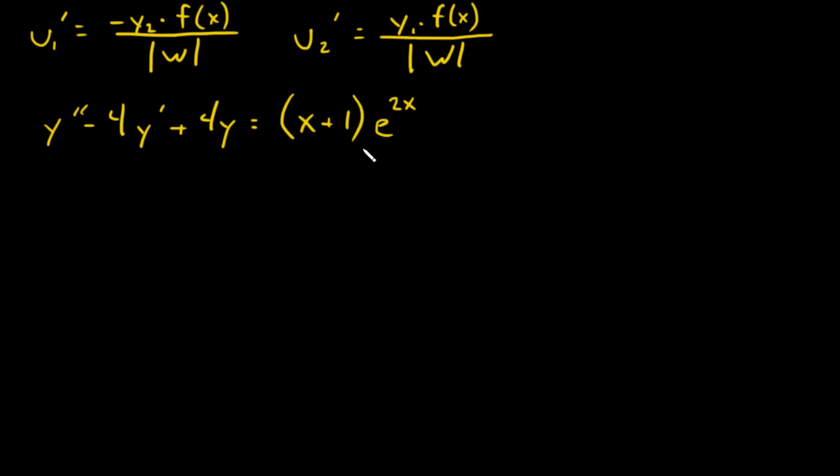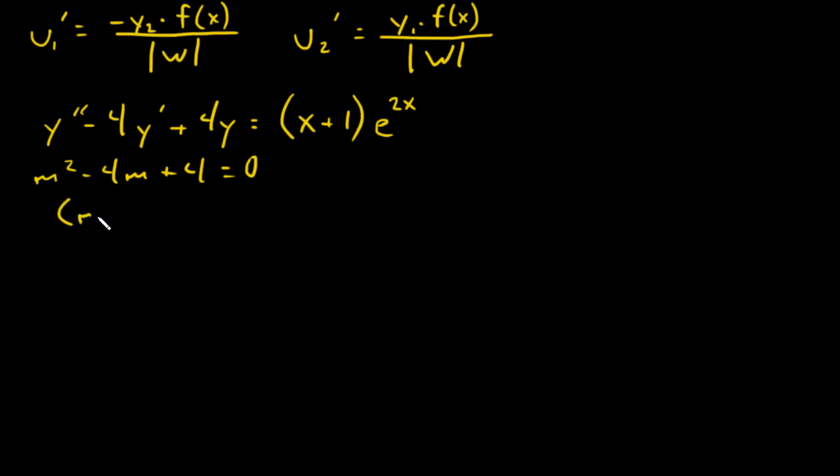That's because sometimes the non-homogeneous parts are not pretty, and it would be terrible to try to come up with the y sub p. So we're going to use this technique up here. First thing we have to do is solve out for our auxiliary equation. So we're going to have m squared minus 4m plus 4 equals 0.